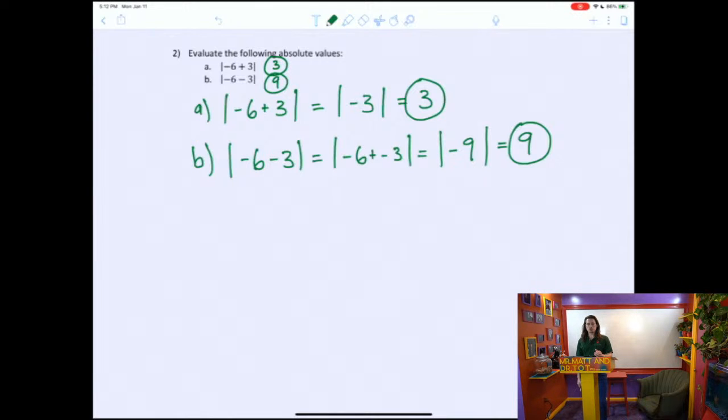Okay, so for number 2, remember what an absolute value represents. Practically, an absolute value turns everything positive, and it does have that effect. But the definition is a little bit more nuanced. It's actually the distance from 0 on a number line.